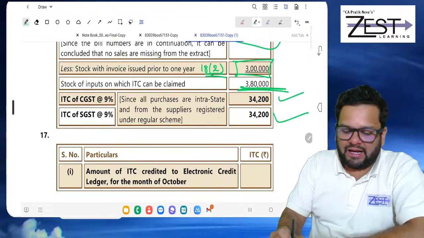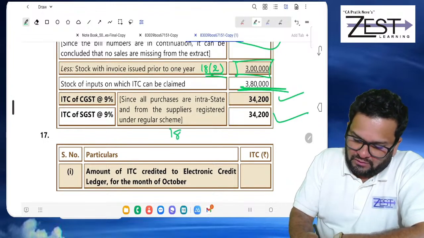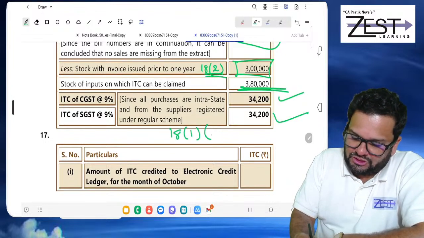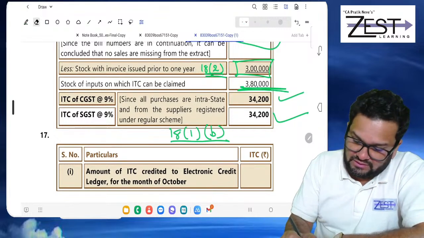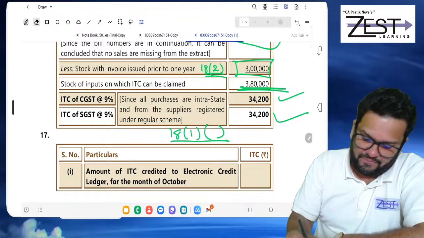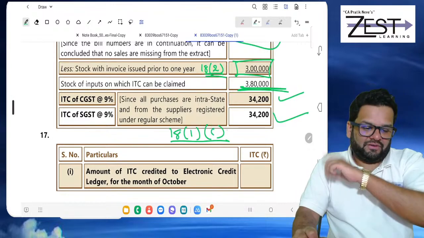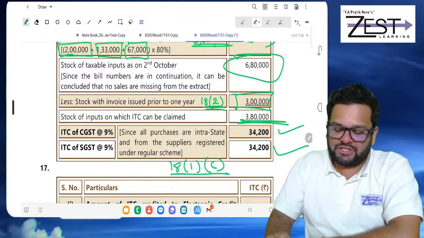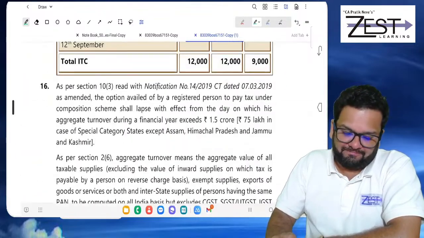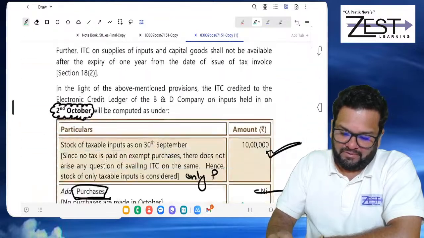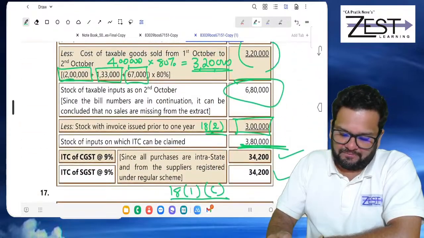So you can take ITC of 34,200 each as per 18.1C. If you have understood this, say so in the chat window. Isn't it an amazing question? Really well played, ICAI. Amazing question.